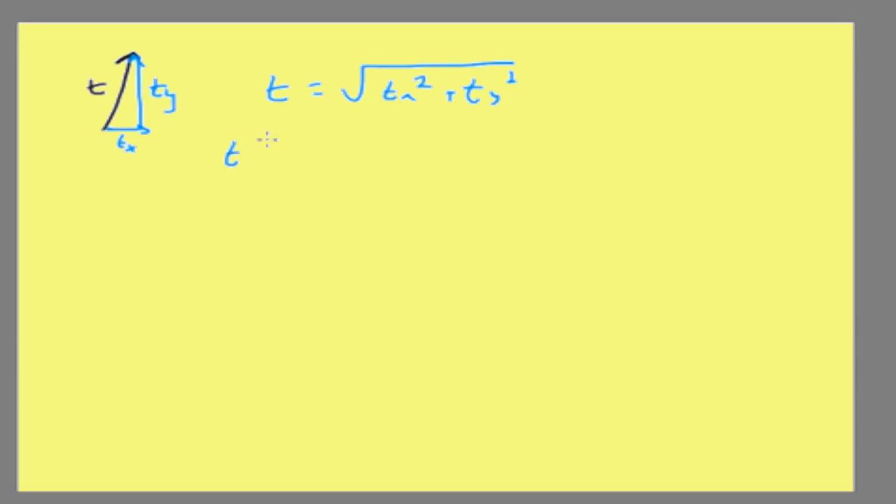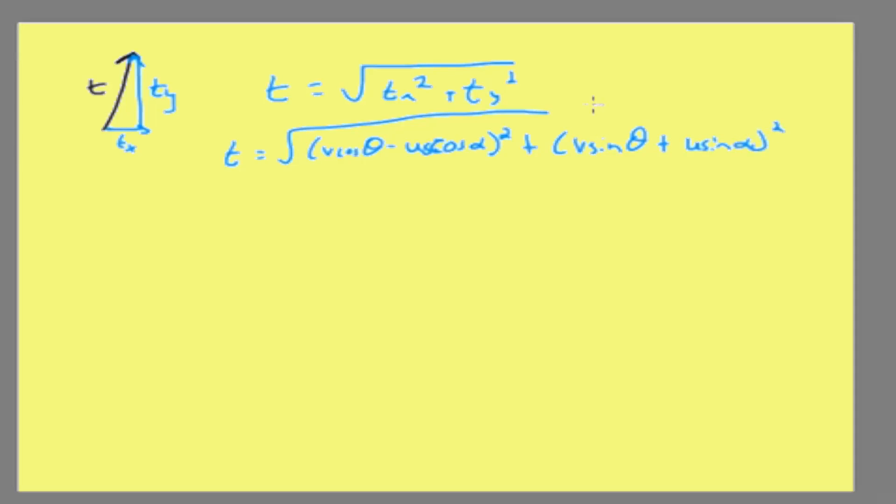So in our case, t equals the square root of v cosine theta minus u cosine alpha, squared, plus v sine theta plus u sine alpha, all that squared. So this is the magnitude. The way that physicists typically represent magnitude is by having straight bars on either side of the quantity.